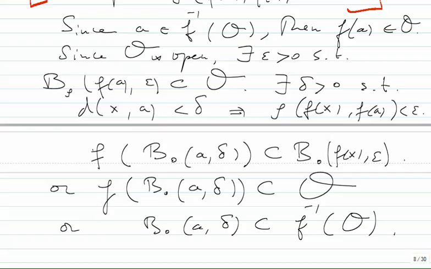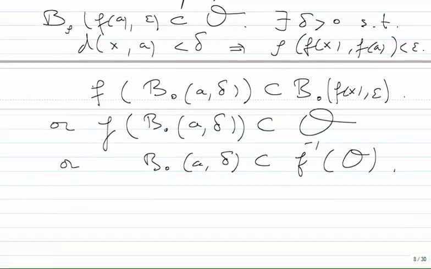This shows that the inverse image is open, so this finishes the proof that if 1 is true, then 2 is true.